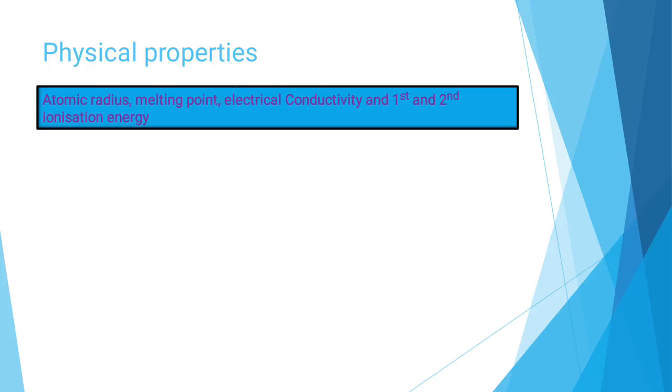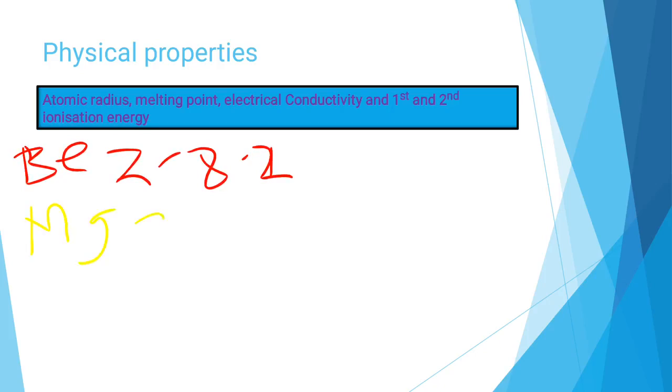And when we speak about the electrical conductivity, you note that the electron configuration of barium, for magnesium, it's 2, 8, 2.